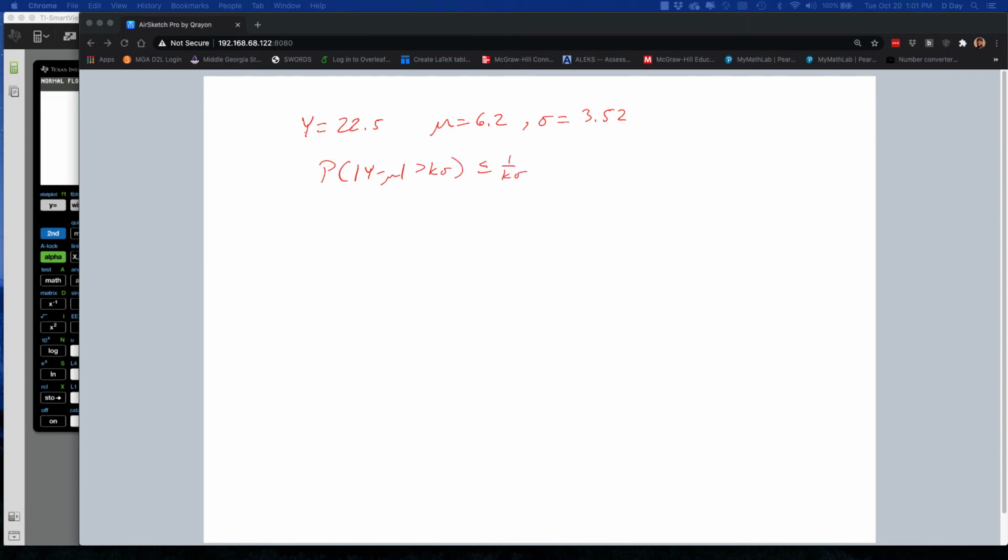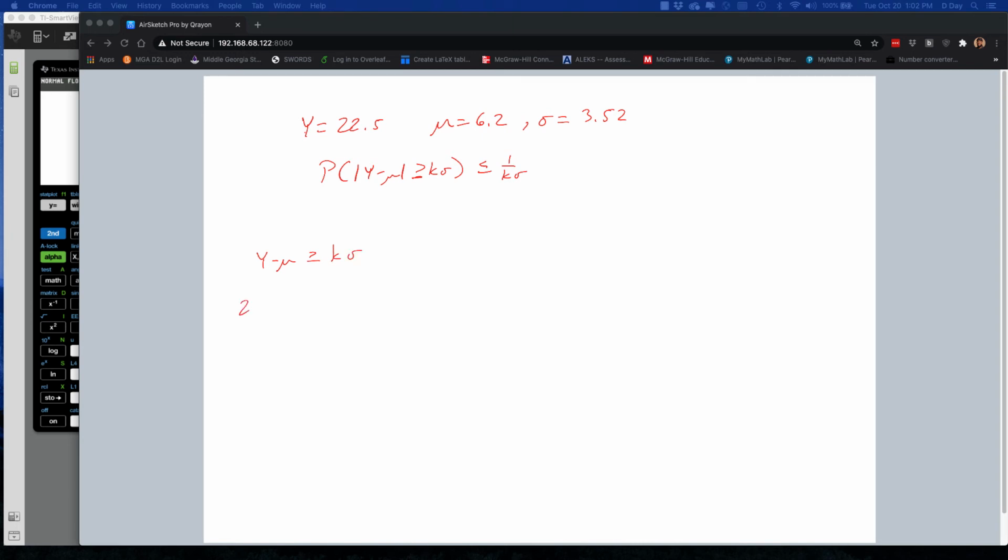So the first thing I need to do before I utilize this is figure out what k is, because k is really the thing that we're missing. So over here to the side, I'm just going to take y minus mu, which should be greater than or equal to k sigma, and I'm going to play with that to find k.